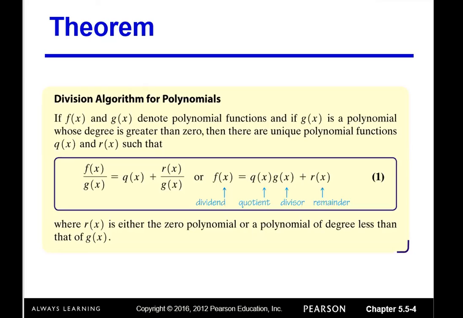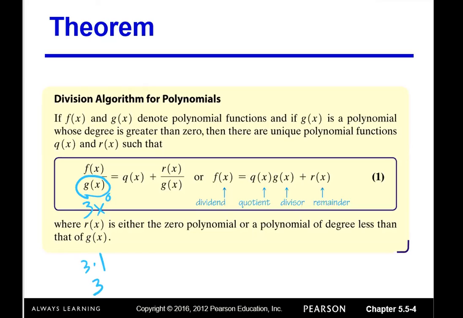And if g of x is a polynomial whose degree is greater than 0, then there are unique polynomial functions. And they had to say that the degree is greater than 0 because if g of x had a degree of 0, it would be like 3x to the 0, which is really 3 times 1, which is really 3, which means you're not dividing it by another polynomial.